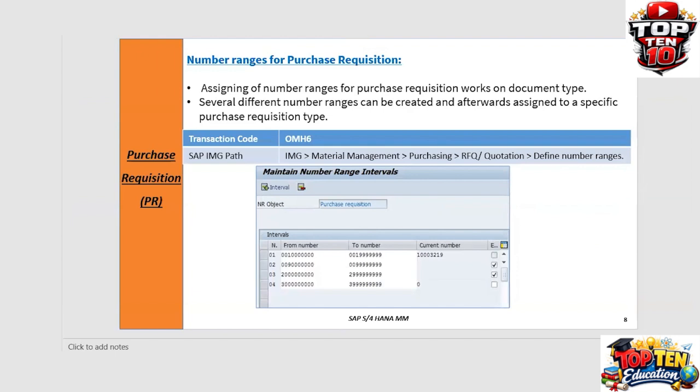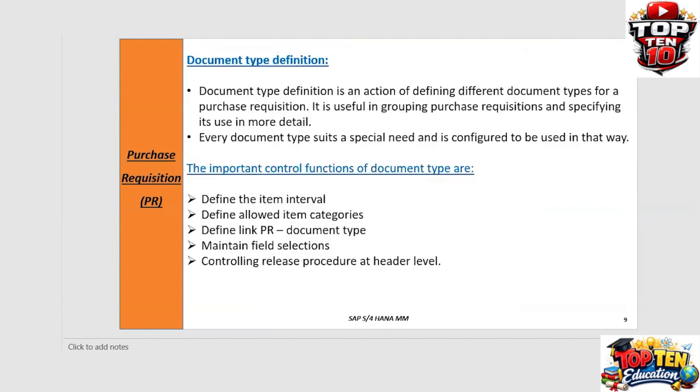The first thing for any purchase requisition is the creation of number range. We have also created master data for two things, material and vendor. Both times we created number ranges, so we are all aware about the number range. That can be one internal, that can be one external. After that, document type.